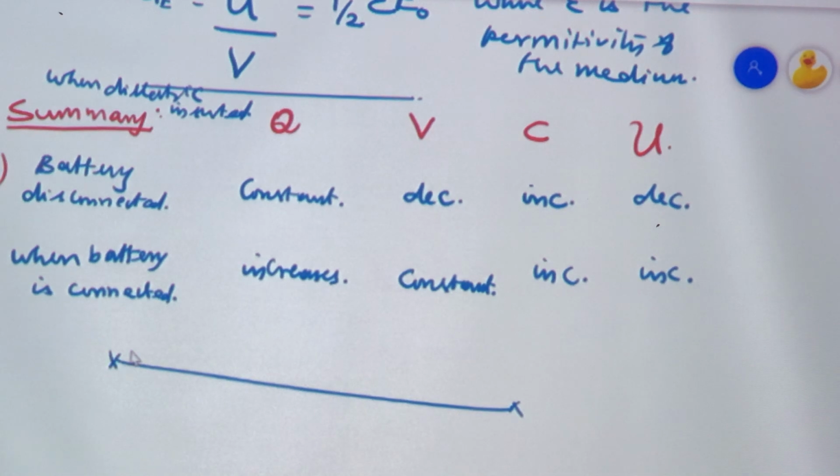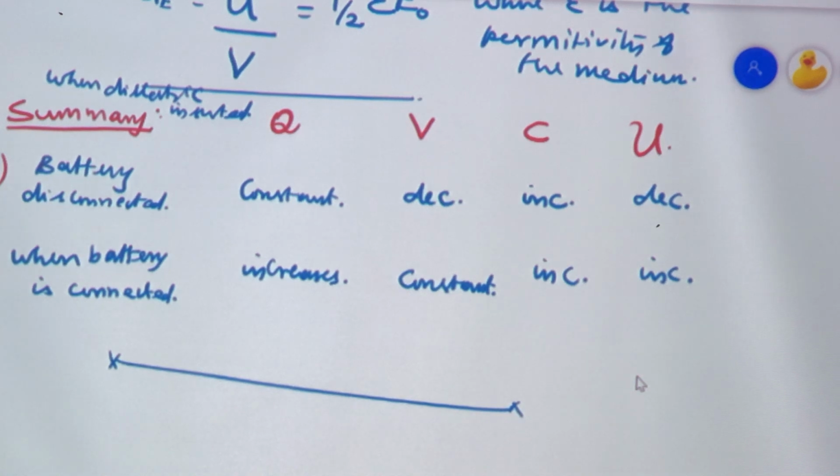Where can we apply this, whether the battery is connected or disconnected? You are using computers or laptops, in which you have the keypad, isn't it? The keys are constructed with the help of capacitors with some dielectric.